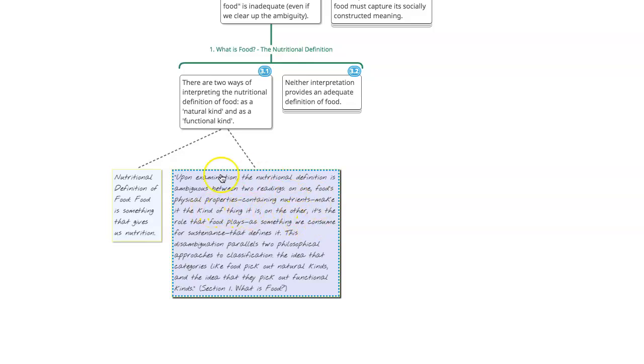On the other, it's the role that food plays, as something we consume for sustenance, that defines it. This disambiguation parallels two philosophical approaches to classification: the idea that categories like food pick out natural kinds, and the idea that they pick out functional kinds." So we've noted there are two ways of making sense of our starting point, our dictionary definition.